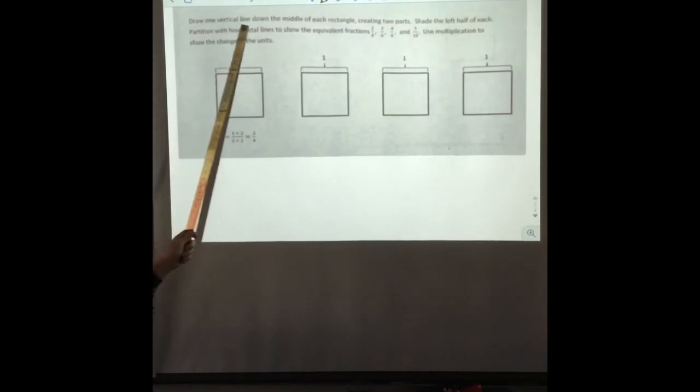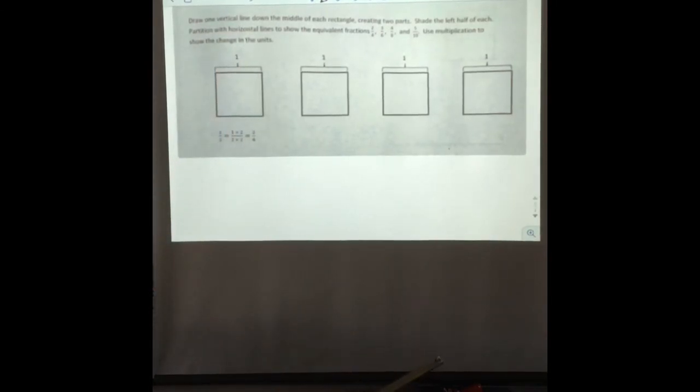This says draw one vertical line down. Why are we going to draw a vertical line down? Well, I'll show you. What's our fraction right here? It's a half, right? So I will highlight this. How much do I have? A half.